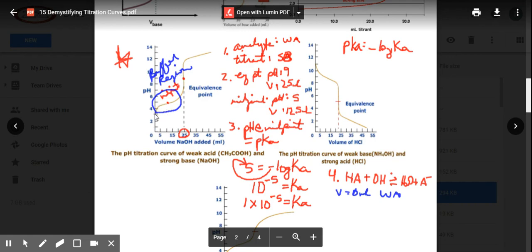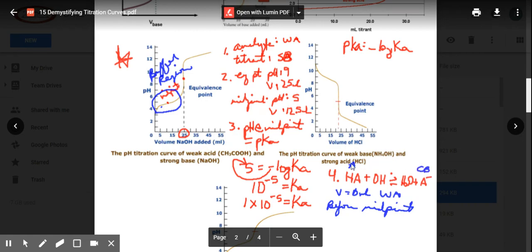So we have our buffer region. What we have here, before the midpoint, so this is at the beginning, is HA, definitely, but when this is starting to react, we're also getting some A minus. So HA, remember, is our acid.